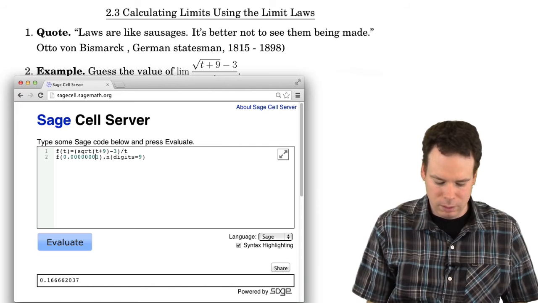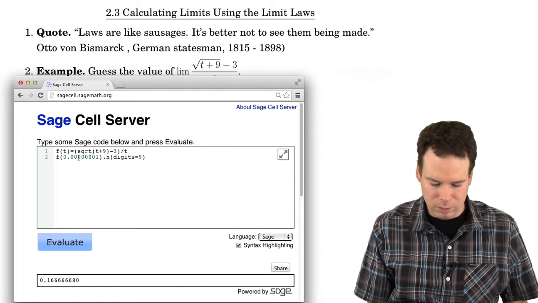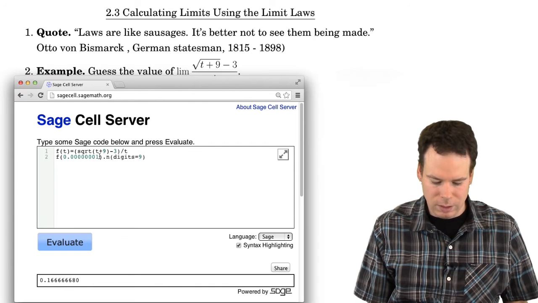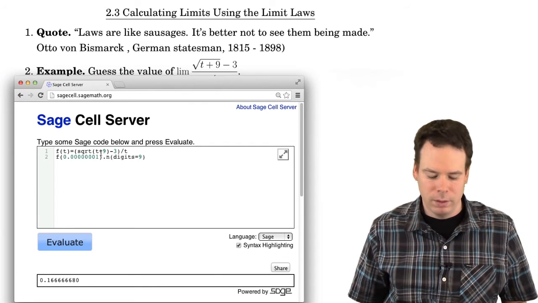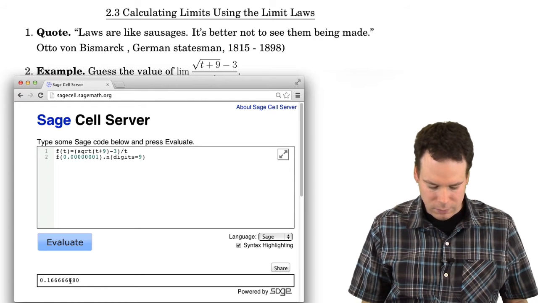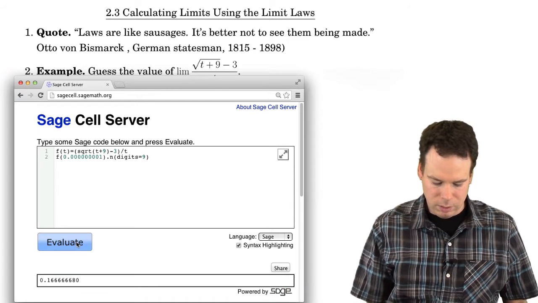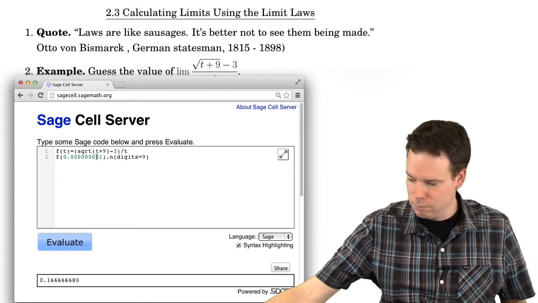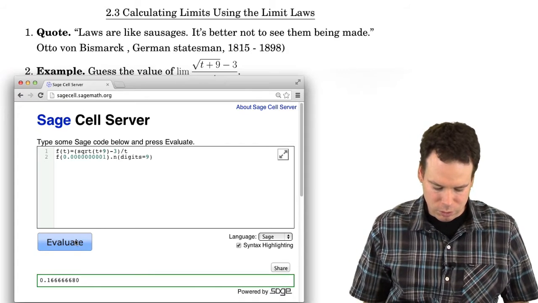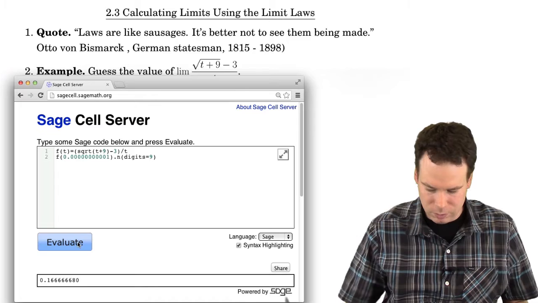So I'll take a lot of zeros here: 1, 2, 3, 4, 5, 6, 7, and then a 1. So this is 10 to the negative 8. I see I've got a lot of 6s appearing here. Great, so I'll do even more zeros. Maybe the more I do, the closer it's going to get to 1/6. I keep going with more and more zeros.